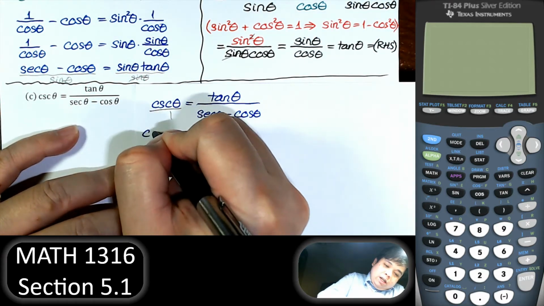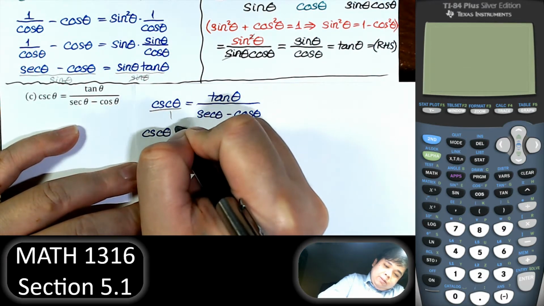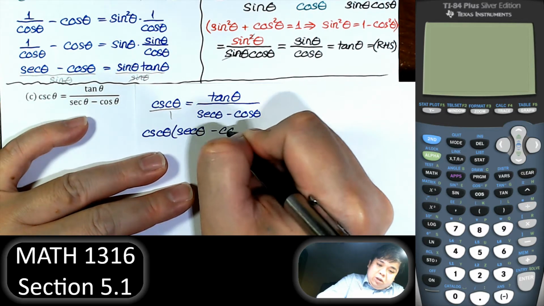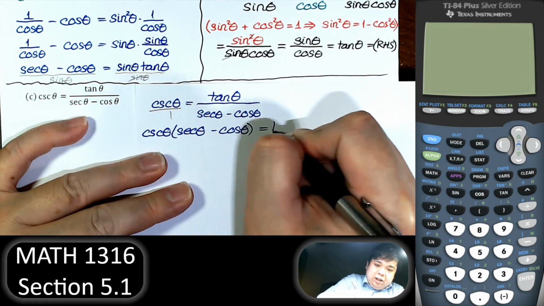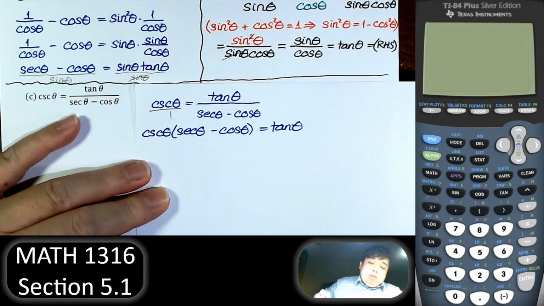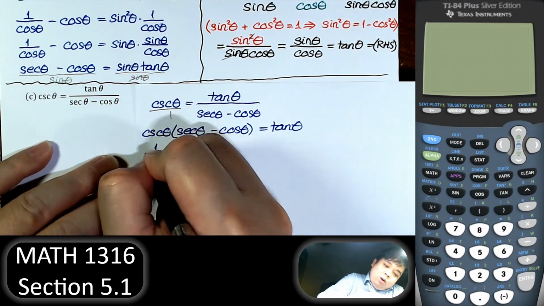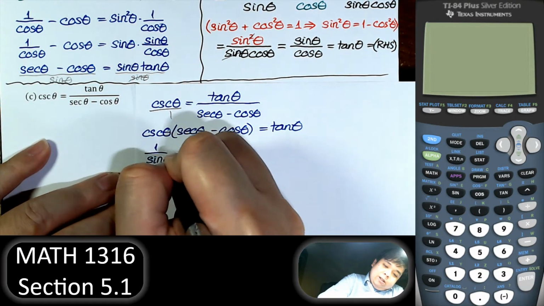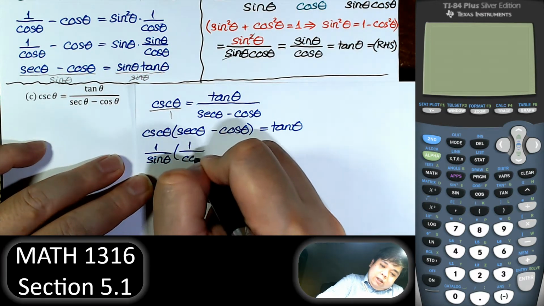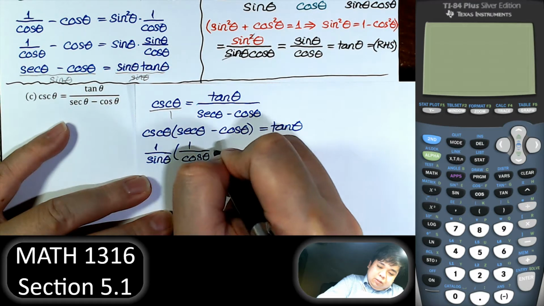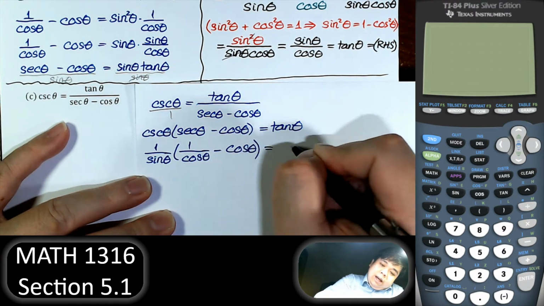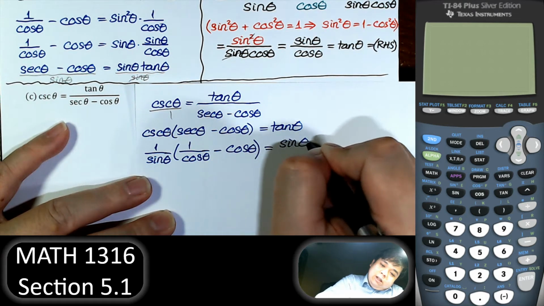So we have cosecant times secant minus cosine equal to tangent. Right, next, write everything in terms of sine, cosine. Cosecant is 1 over sine. Secant is 1 over cosine. And tangent is sine over cosine.